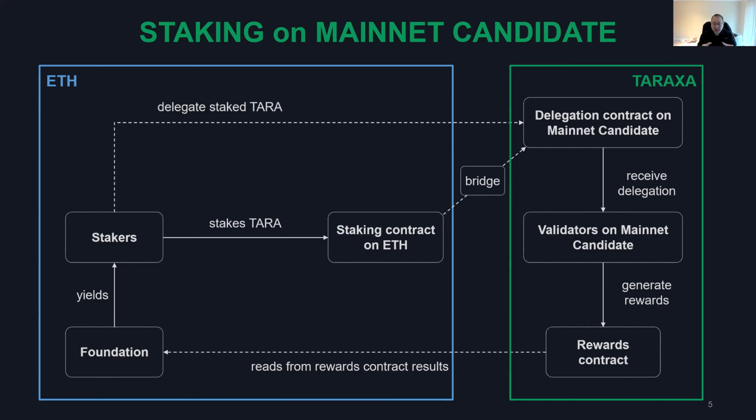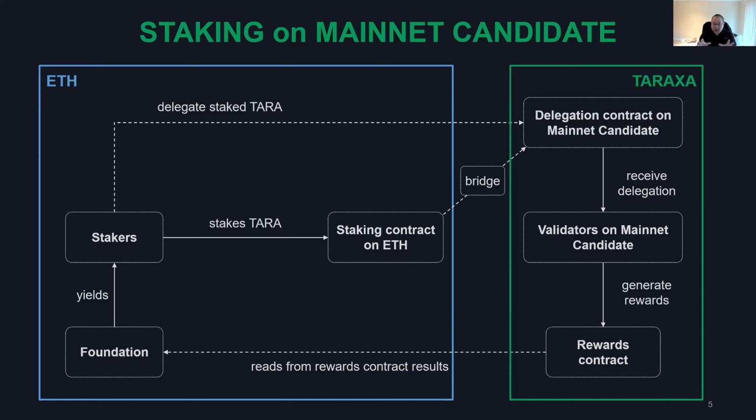So this helps us, like we said before, simultaneously help the participants familiarize themselves with mechanisms. Help the stakers familiarize with delegation, help the node operators familiarize themselves with node operations on the mainnet candidate, and at the same time test the technical mechanisms and the economic mechanisms that go into delegation and generation of rewards.